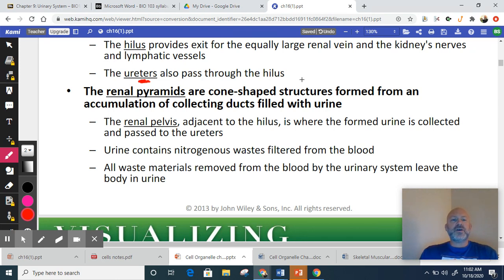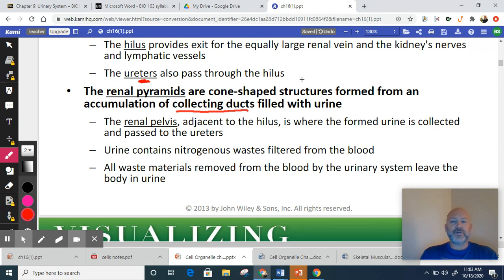We do see these structures inside. If we would take a cross section of the kidney, you do see these structures that look like pyramids, and these pyramids become visible as a result of the accumulation of what are called collecting ducts. And as the collecting ducts receive urine from the filtering units, they all converge, and they generate this appearance of pyramids inside. All right.